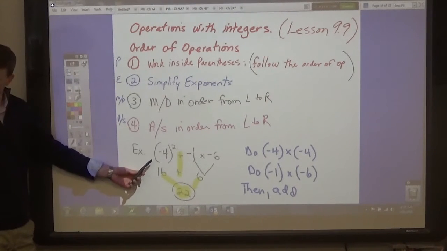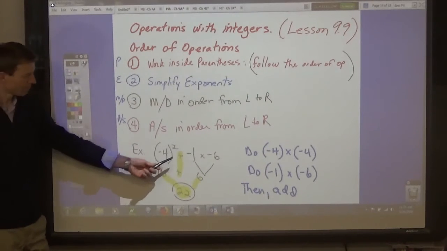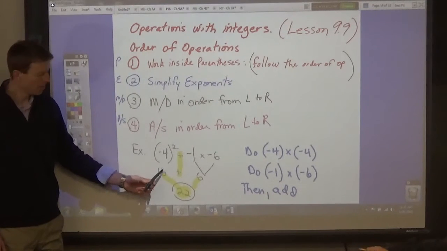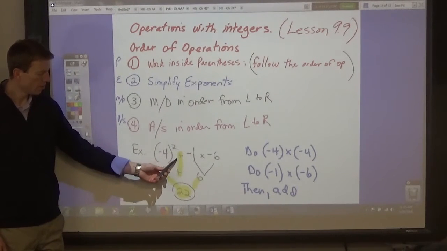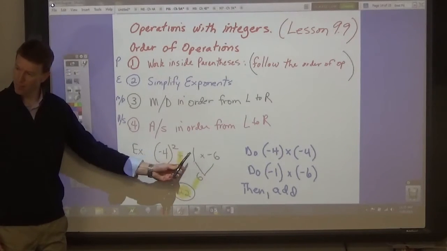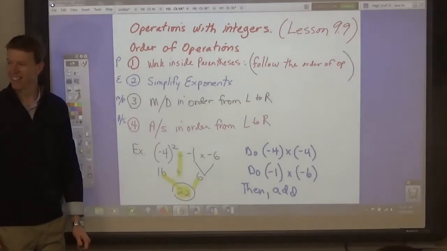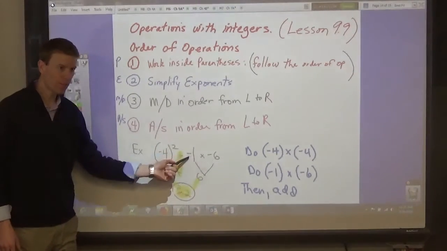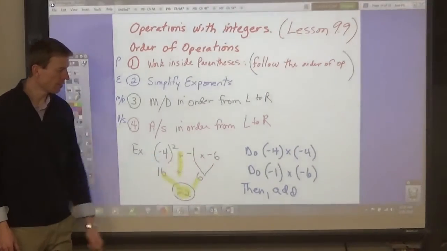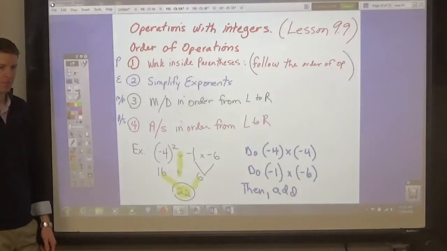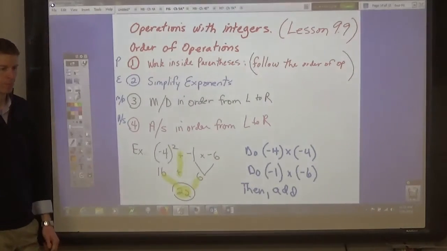Because plus is not before times. Correct, times comes before plus. Pay attention. So we have to do the times first, -1 times -6. And then add, and get 22. Okay?